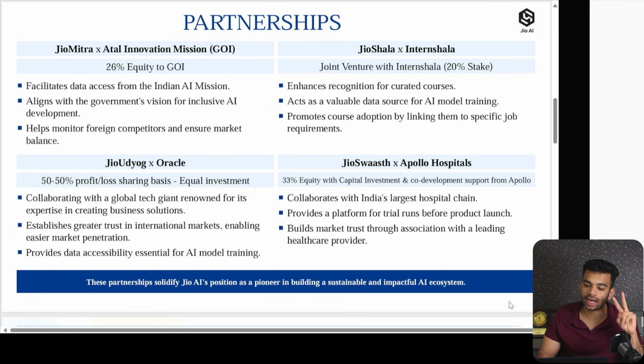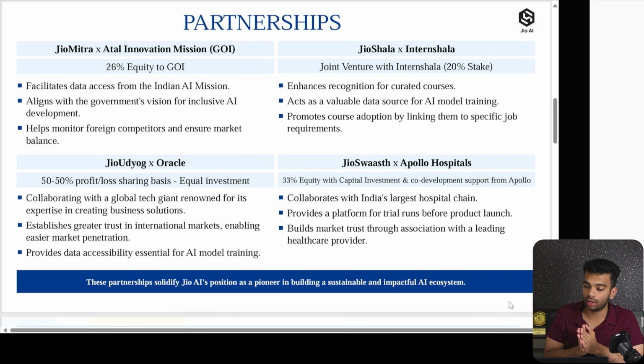Now, the second slide is about the partnerships. What kind of organizations should JioAI partner with in order to provide the best possible product to its customers? In addition to that, not only the organizations that JioAI should partner up with, but also the percentage of the joint venture that should be shared with this particular organization.